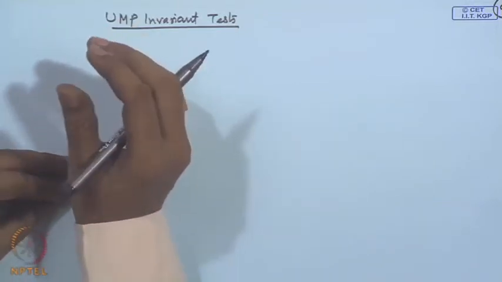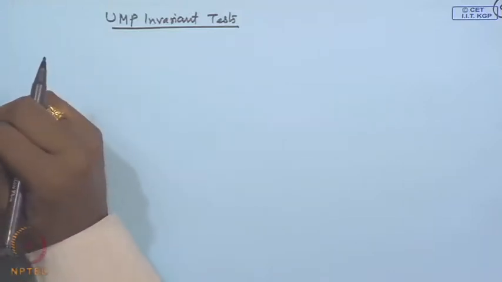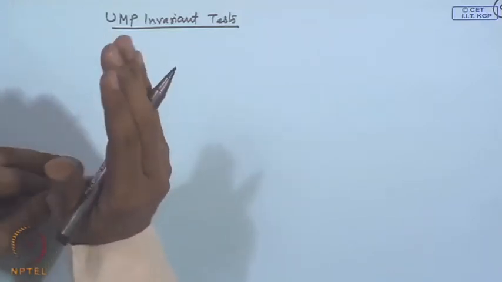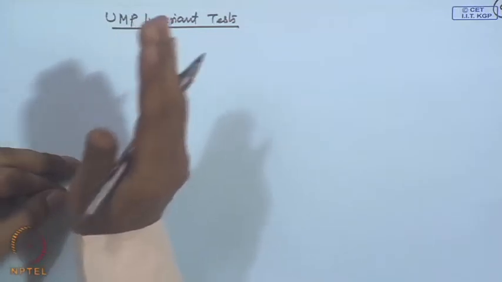Now, what will be an invariant test? I have proved the theorem that an invariant function is actually a function of the maximal invariant. So, if I consider all the tests which are based on the maximal invariant, then it is the class of all invariant tests.